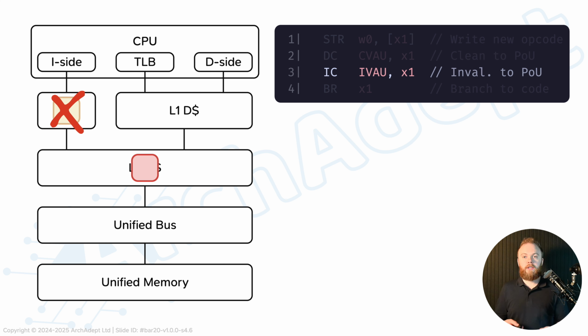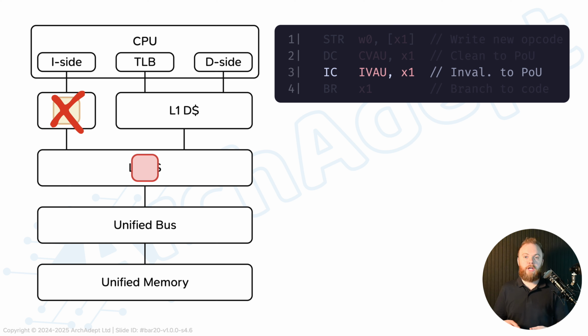Similarly, when we perform this IC IVAU, the instruction cache invalidate by virtual address to point of unification, what we're saying is invalidate all copies of this cache line up to, but not including, the point in the memory system at which all three of this CPU's constituent observers are guaranteed to see the same copy of memory.